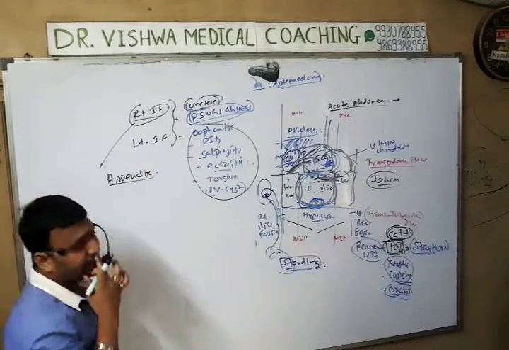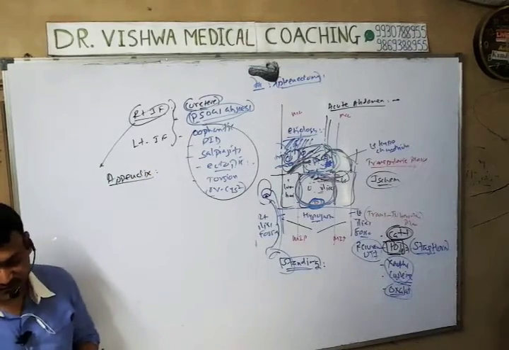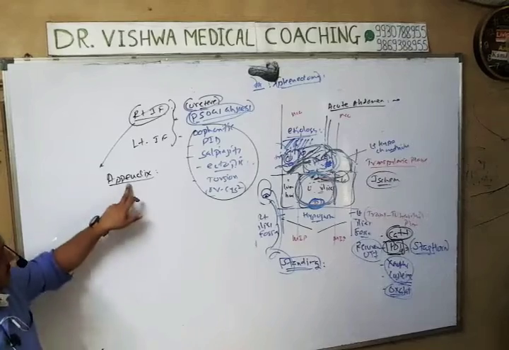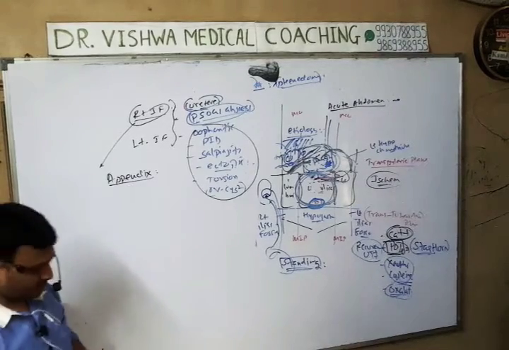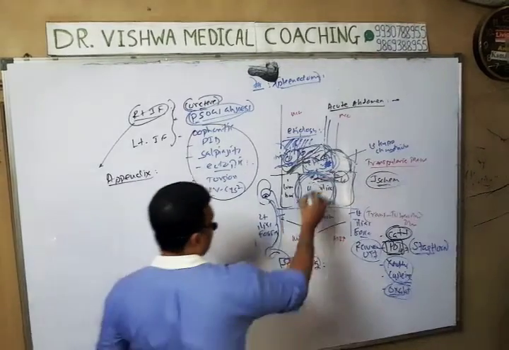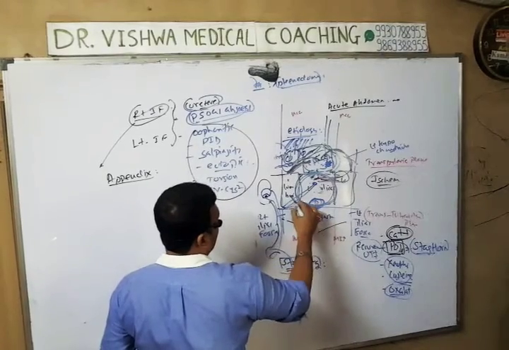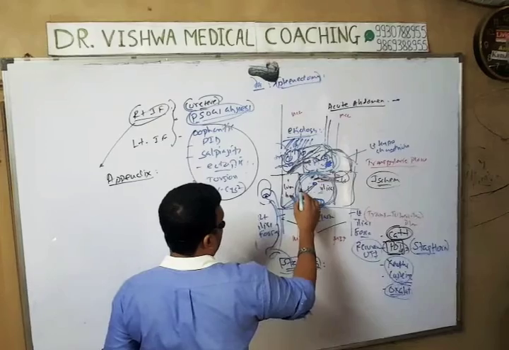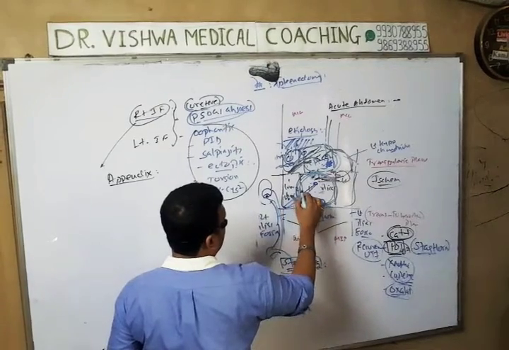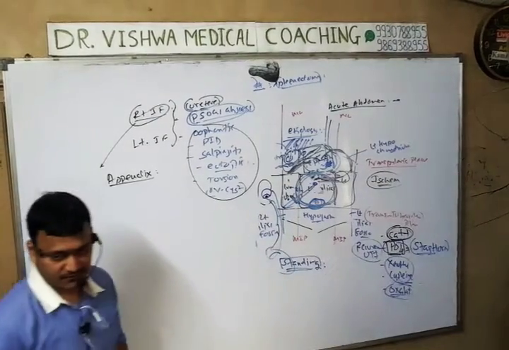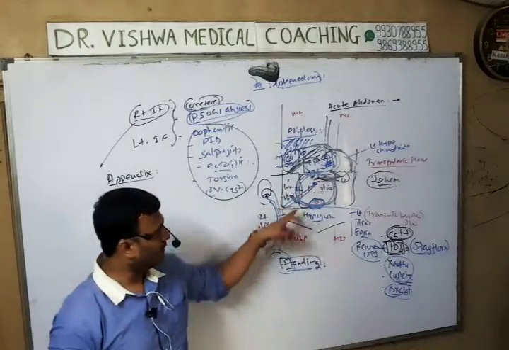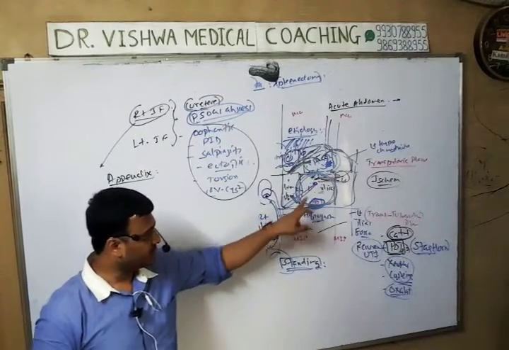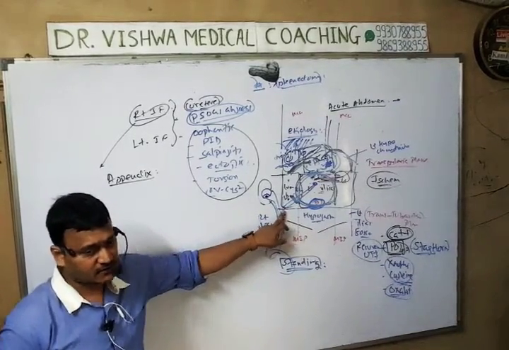Pain, fever and vomiting, McBurney's triad. Where is McBurney's point? It is 1/3 laterally, 2/3 medially on the spino-umbilical line, from the umbilicus to the anterior superior iliac spine.